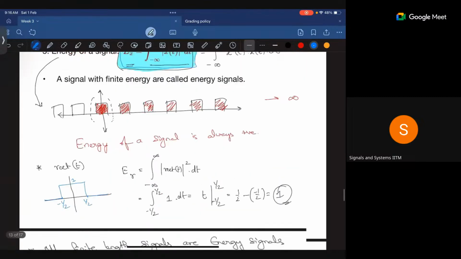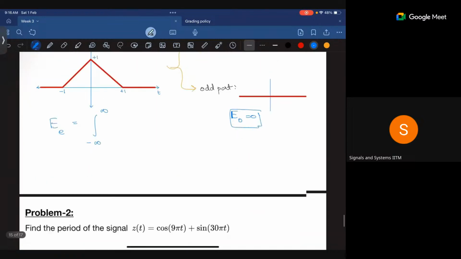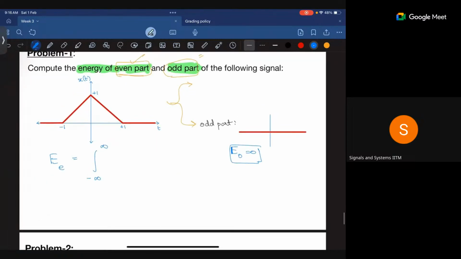Right, magnitude square. And the signal here is real, so magnitude doesn't play any role. It's just the absolute value, and you are just squaring it. What we need is basically x of t.